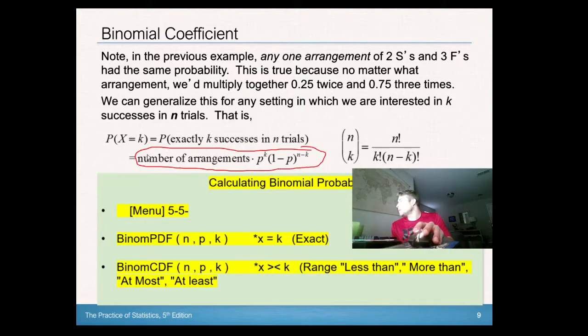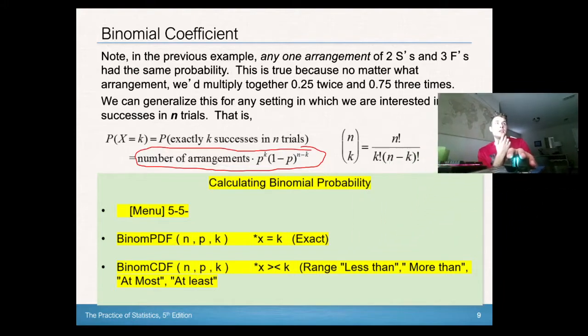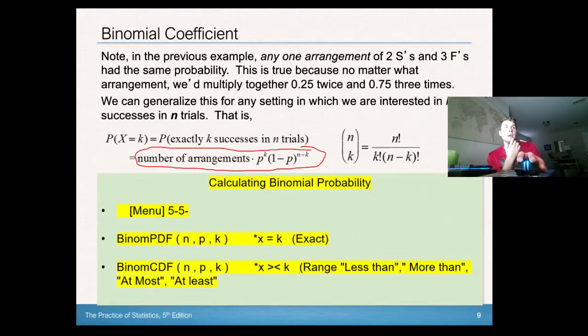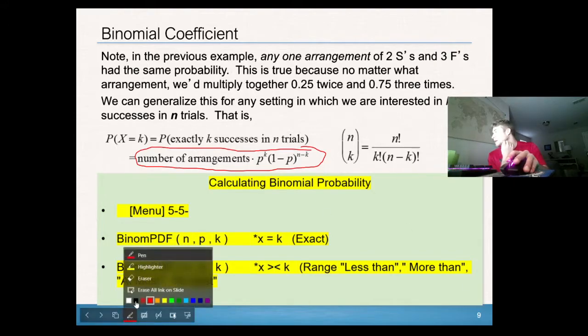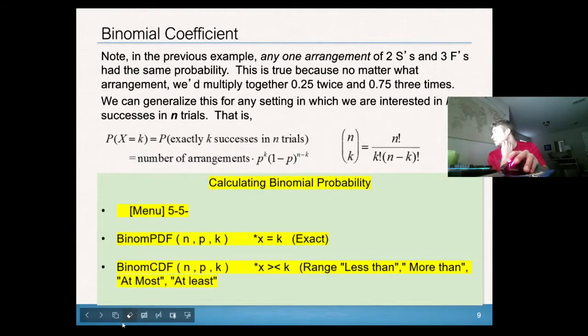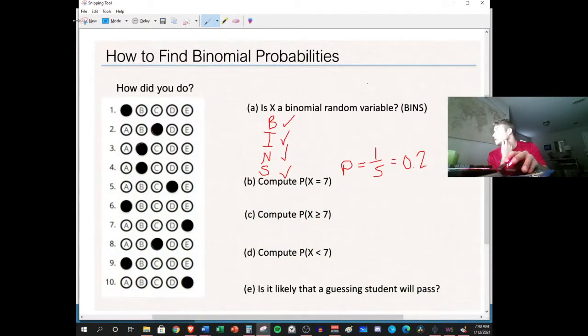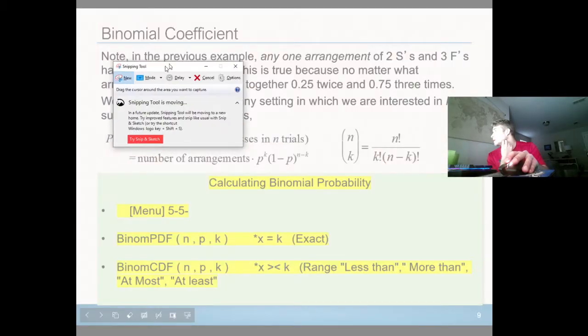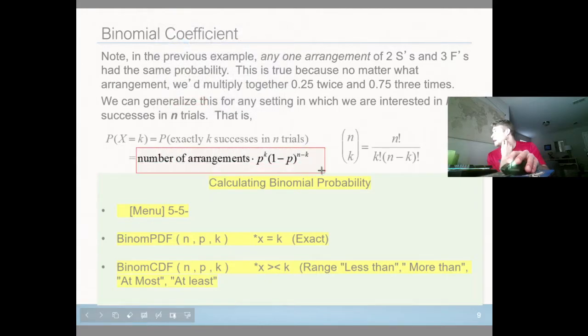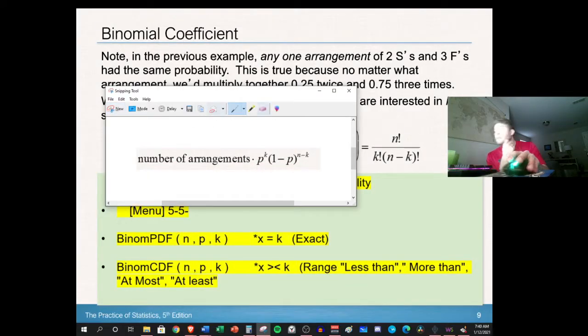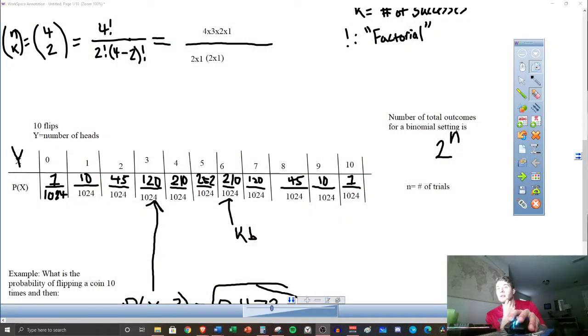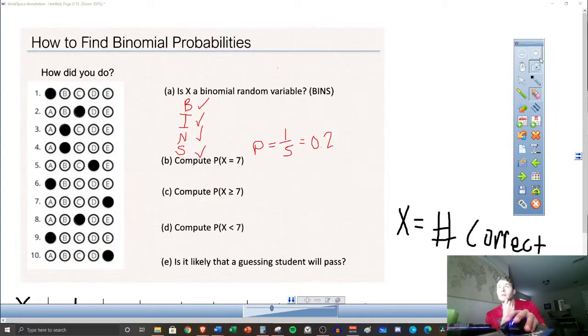What we did last time was the number of arrangements out of the combinations that were total, but we have to change that up now, okay? So we're going to need what I circled. Let's go ahead and copy that into our notes. I'm going to grab that. And this is going to help us find the probabilities for each and every one of these. Let me go back over here, paste.